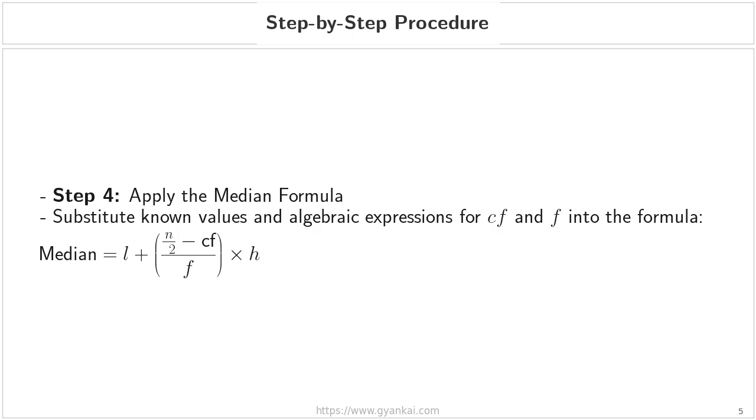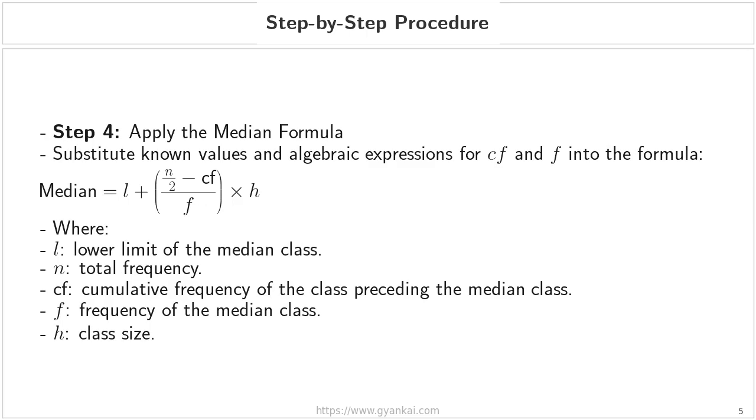To do this, you will substitute all your known values and any algebraic expressions we found in our cumulative frequency table, specifically for the cumulative frequency and the frequency, into the formula. The formula is median equals L plus the quantity of n divided by 2 minus CF all over f multiplied by h. To make sure you don't make any errors during substitution, let's break down exactly what each variable represents.